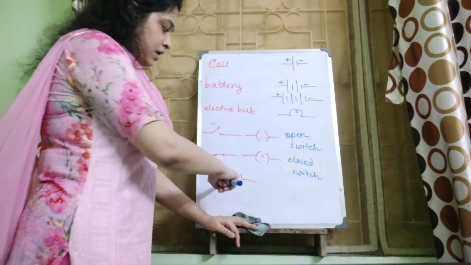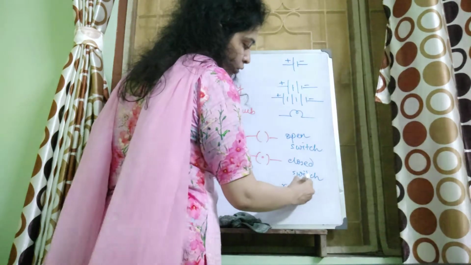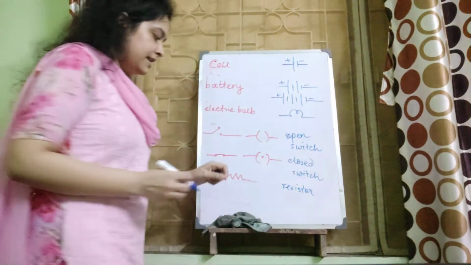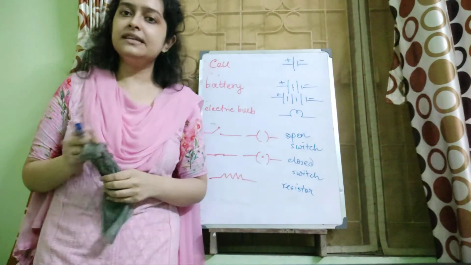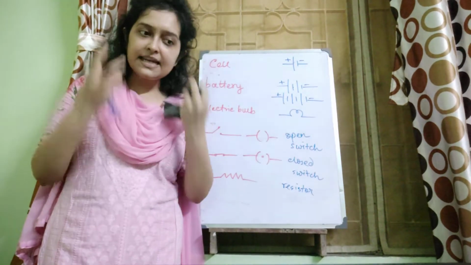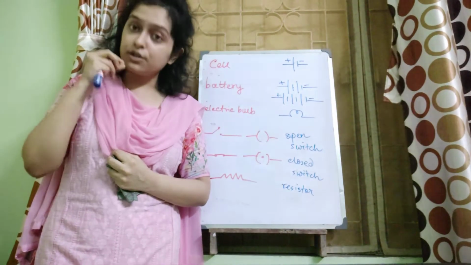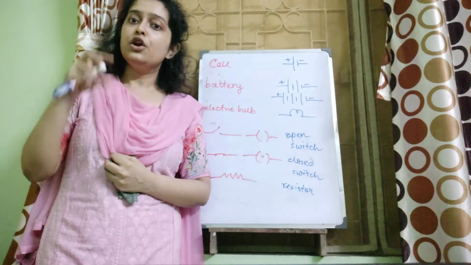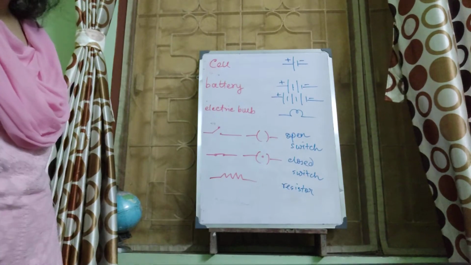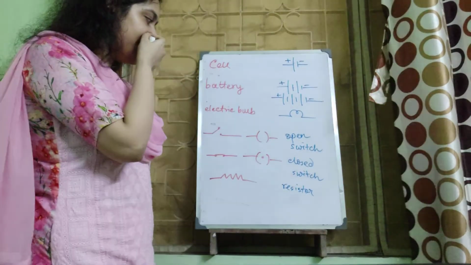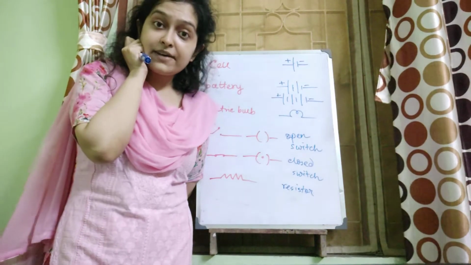Fine. What is the symbol? This stands for resistor. Now, what is a resistor? Resistor is nothing but an electrical component used in electrical circuit which we need sometimes to control the current in the electrical circuit. When we need to control the current in the electrical circuit, we need this electrical component known as resistors. The symbol, see the symbol? Resistors are used for making the heating elements for toasters, geysers, ovens, all these things.